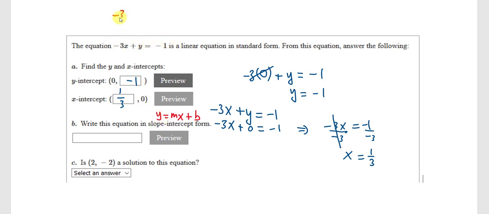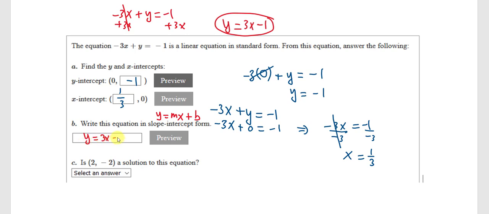It's very simple: 3x plus y equals minus 1. I add 3x on both sides so that I take away the x on the left side. Now on my left side I only have y, and on the right side it's 3x minus 1, and that is the equation in the form mx plus b.